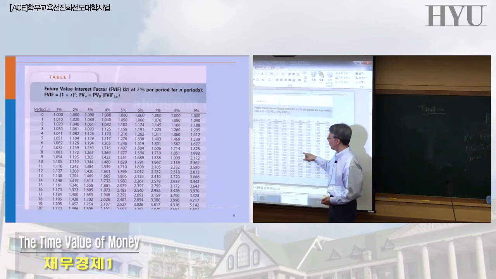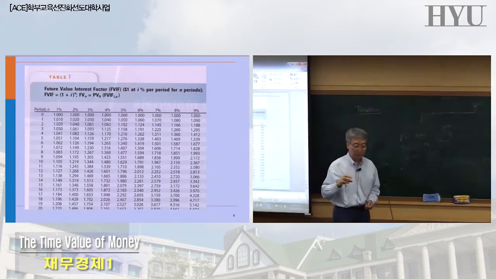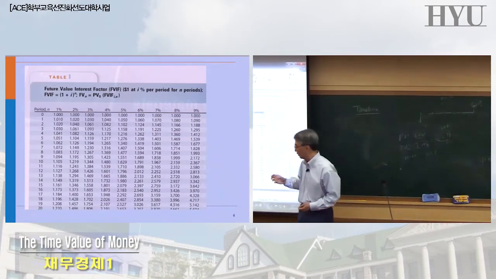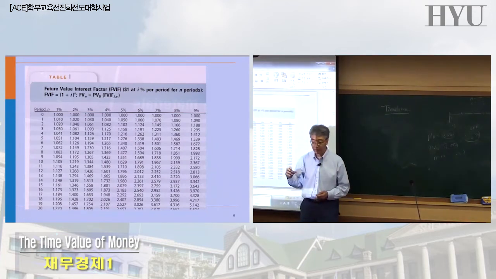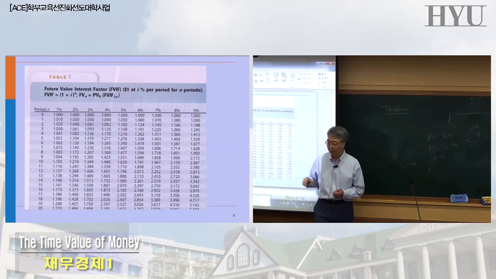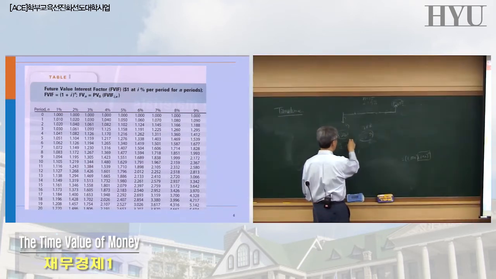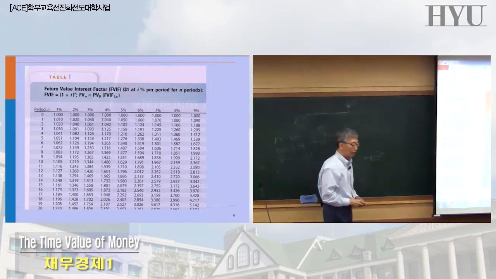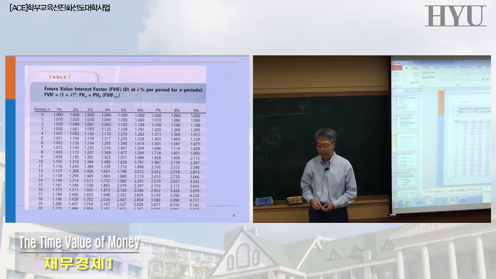Going back to the FVIF table, then you know the rate of return is 6%. If the present value and future value happen to be exactly a multiple of a table factor, then you can find the interest rate exactly. But in more general cases like this, it's going to be hard. There's no way you can calculate that internal rate of return exactly.